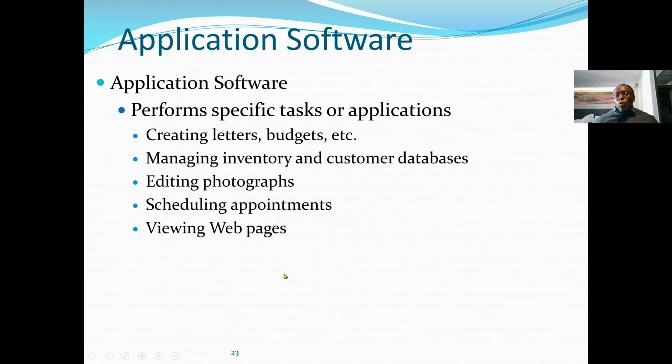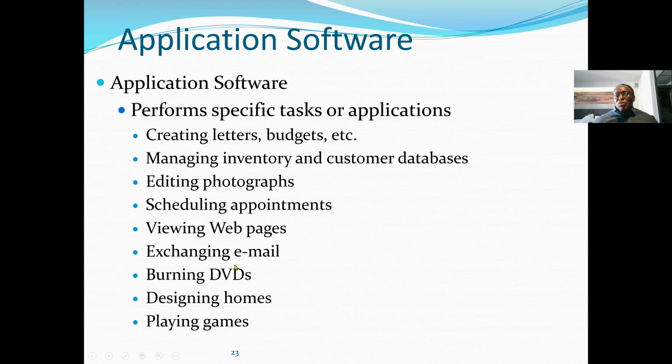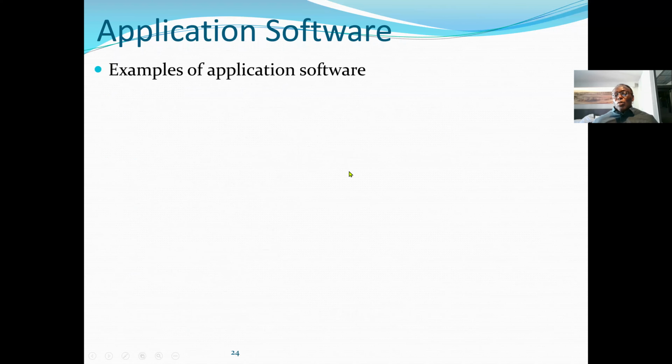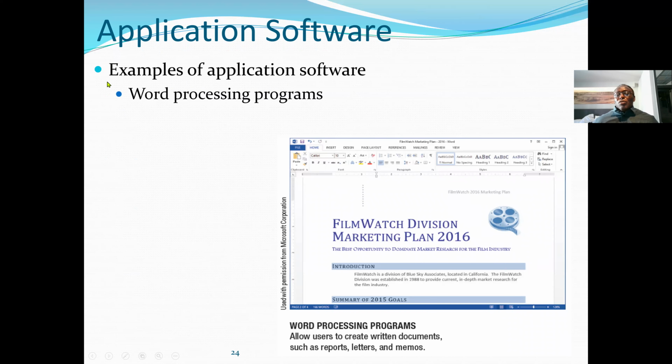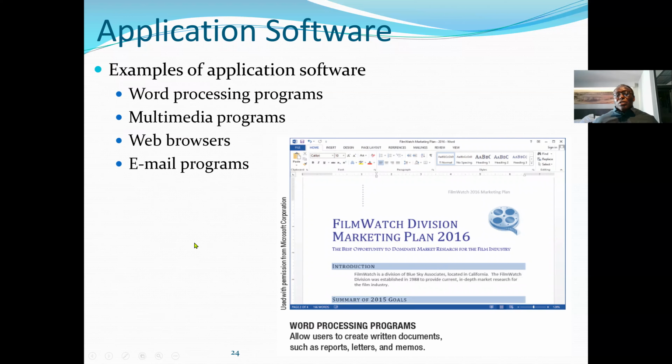Viewing web pages, the web browser is, again, application software. Exchanging email is an application. So any software that performs a specific task, even a computer game, is application software. Examples include word processing programs, which we use to create any type of document, multimedia programs, web browsers, and email programs.